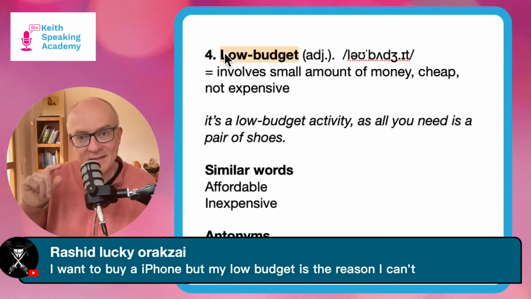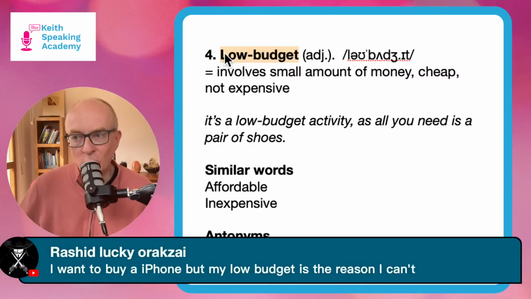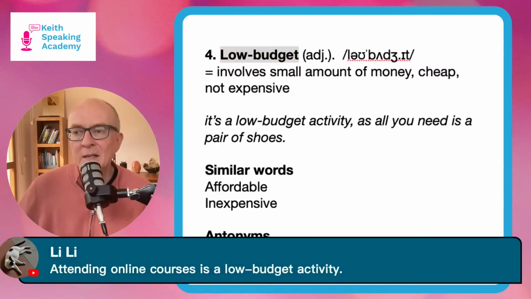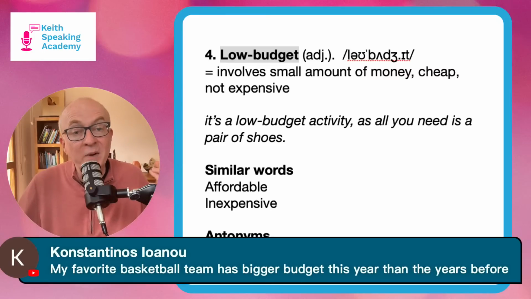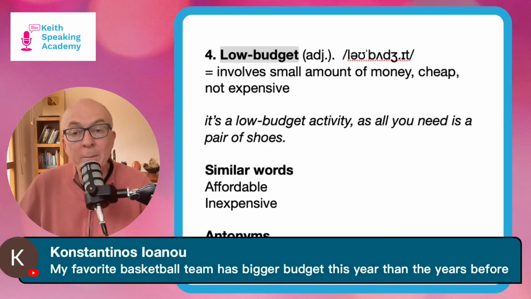Yours is correct. Budget is the noun, low is the adjective. So it's also correct, right? Attending online courses is a low-budget activity. Good. Very, very good. Nice. Yeah, budget is also the amount of money. So you can say, my favorite basketball team has a bigger budget this year. That's great. Yes.